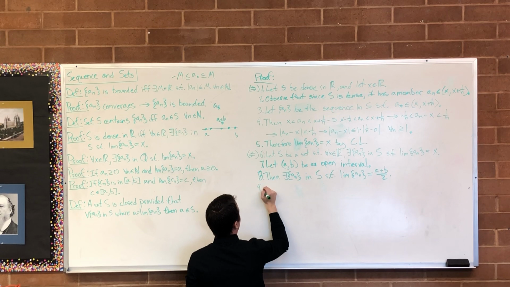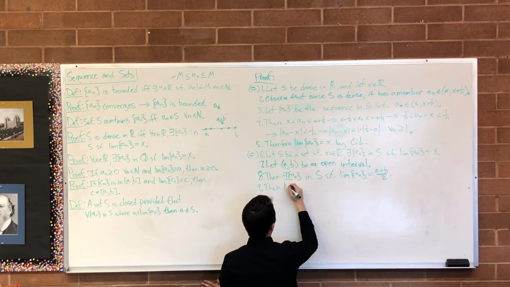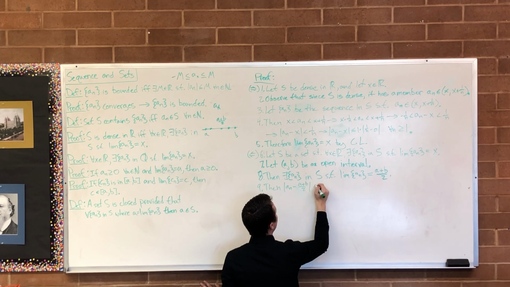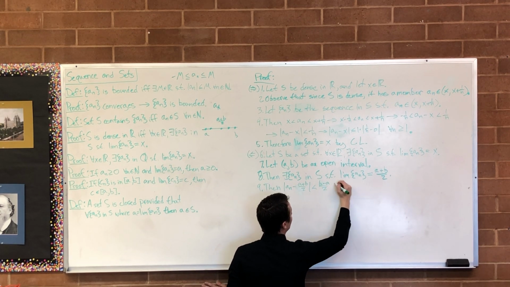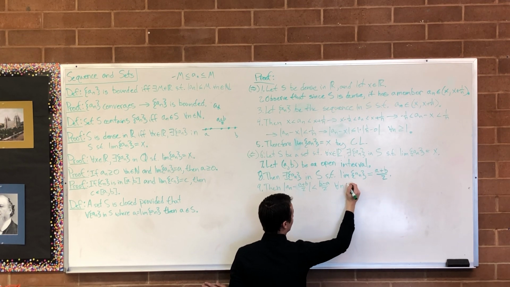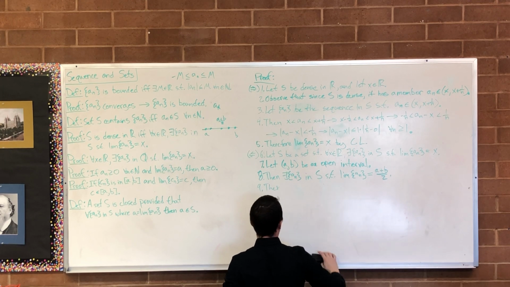So, then the absolute value of a_n minus (a+b)/2 is less than (b-a)/2 for all n... then there exists n, sorry.